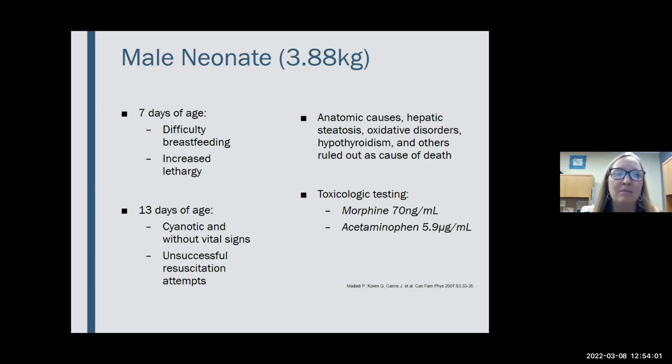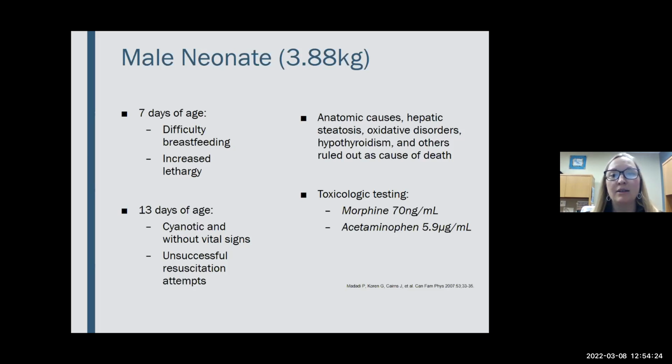This was a newborn male who was normal weight, gestational age, born to a healthy mom. At 7 days of age, he was having difficulty breastfeeding. He was somnolent, with increased lethargy. At 13 days of age, he was ultimately found down without a pulse, and resuscitation was unsuccessful with CPR.